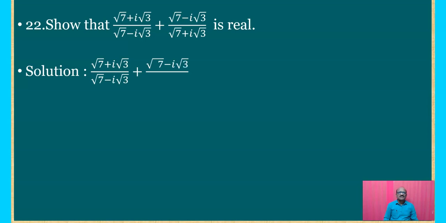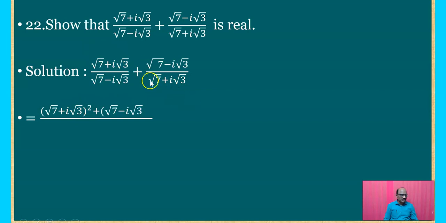Do the cross multiplication. That is (root 7 plus i root 3) in bracket square, and here also bracket square, upon the multiplication of these two denominator terms, that is (root 7 minus i root 3) into (root 7 plus i root 3).